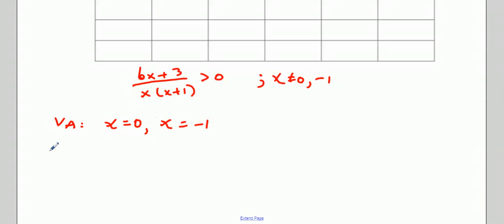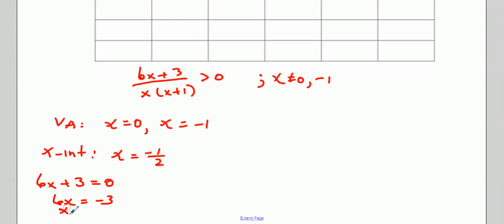I'm going to find the x-intercepts, which are going to occur up here when this is equal to 0. So that's going to be x equals negative 1/2. If you just want to look at the math behind that, that's 6x plus 3 equals 0, 6x equals negative 3, and x equals negative 1/2. Okay, there's only one x-intercept in this particular graph.